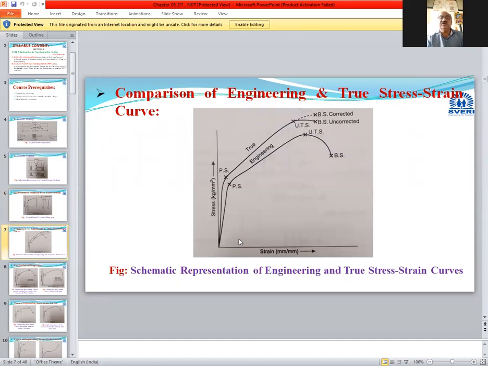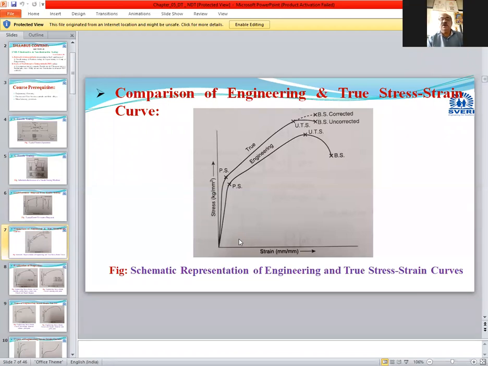Related to this tensile test, you can remember only the engineering stress-strain graph. Once the load is applied, the yield point forms, after that elongation takes place, then UTS, ultimate tensile strength, and the last one is the breaking strength.